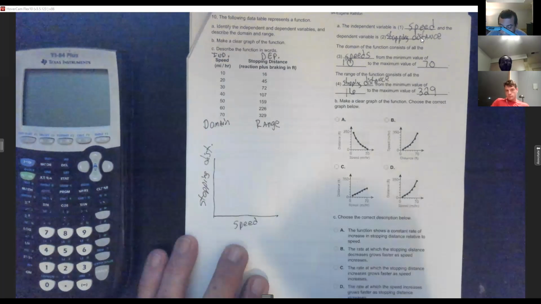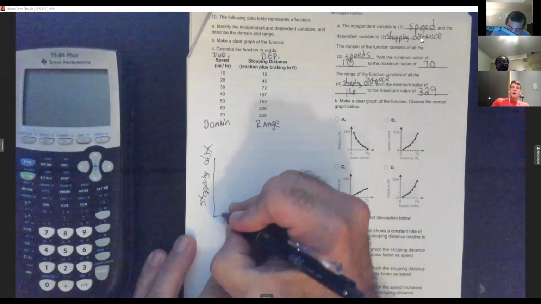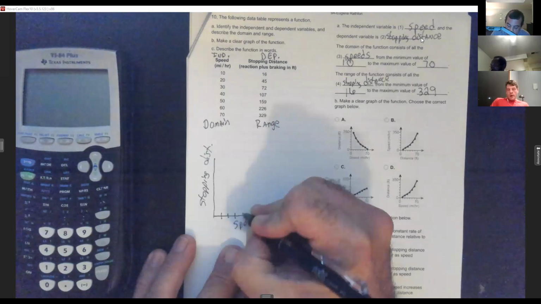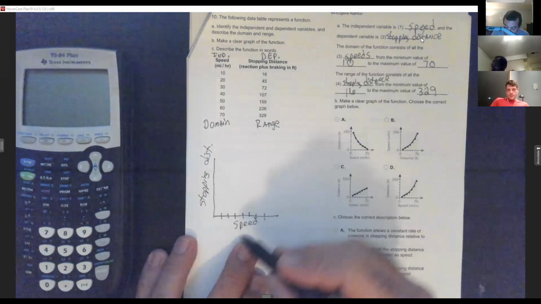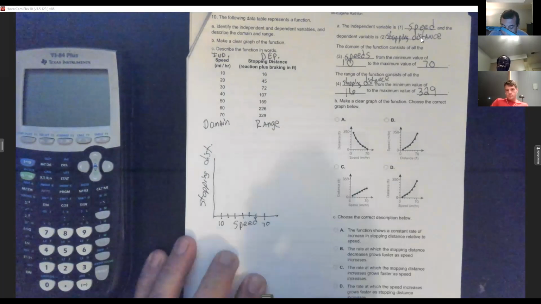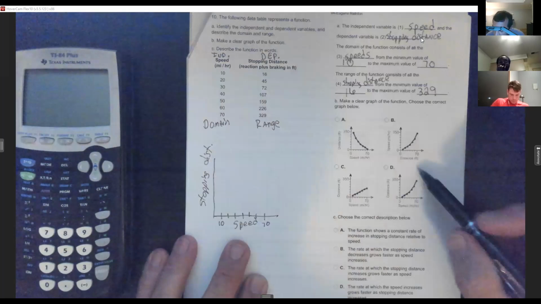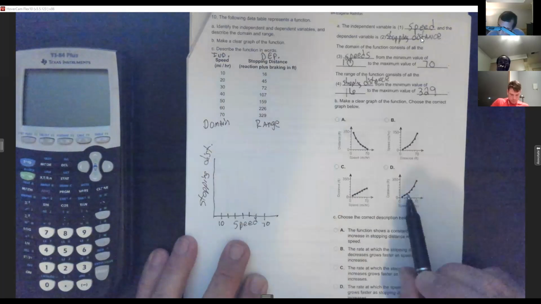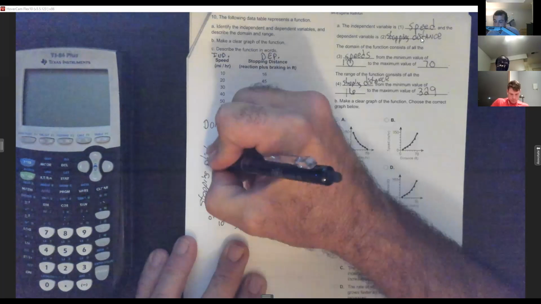Looks like they're counting by tens: 10, 20, 30, 40, 50, 60, 70. So I'm going to go from 10 to 70. And then y'all, from 16 to 329, looks like over here on all my pictures, they went from 0 to 350 up here.